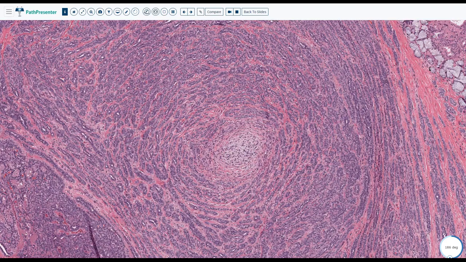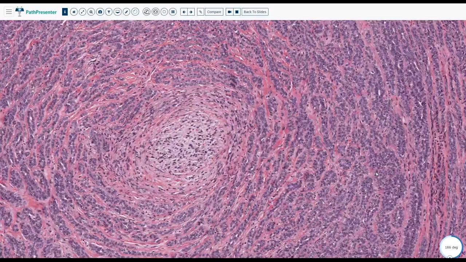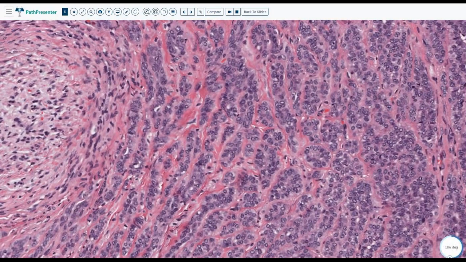The cells are polygonal, monotonous, with open, vesicular chromatin. Tumor markers or immunostains are not specific, so it won't be that helpful. It can be P40 or P63 positive. Very good prognosis overall. Local recurrence around 15% of the time.